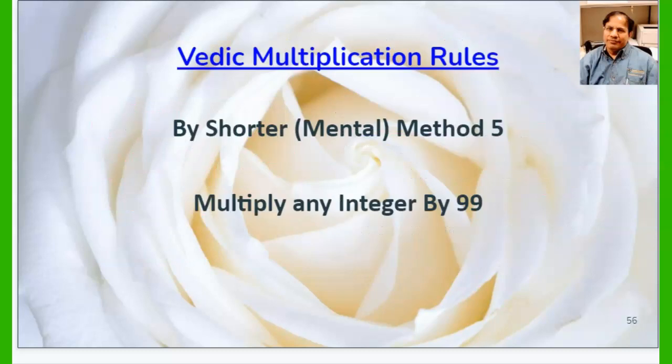Now we go on to the shorter method of method 5, I call it. And this has to do with multiplying any digit by 99. This is the simplest multiplication by Vedic rule. And so let's see how this is done.